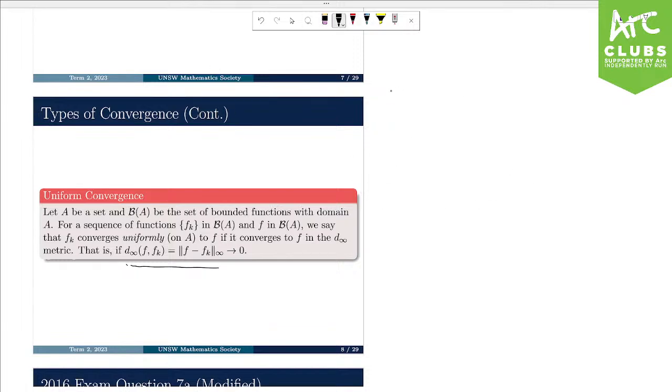So, LP norm convergence basically means the functions converge in the LP norm. So if we have a sequence of functions from a closed interval, I think this is also continuous.